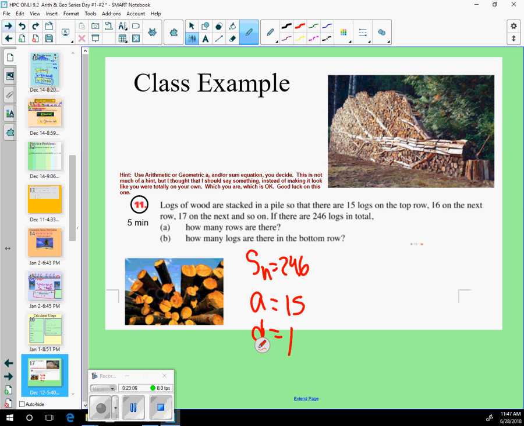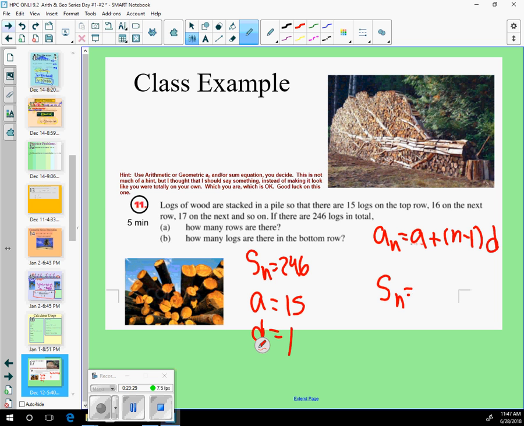So how many rows are there? Well, let's see here. You could figure out what n is with the two formulas. a sub n is equal to a plus n minus 1 times d. Looks like you don't know the last term yet. So maybe you want to use the sum formula.